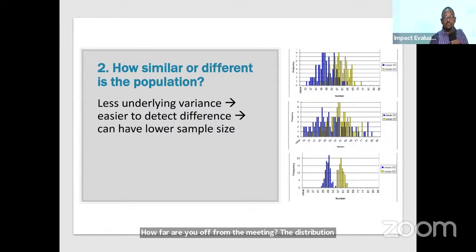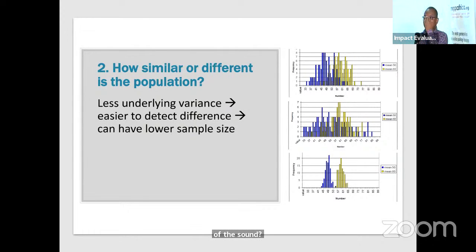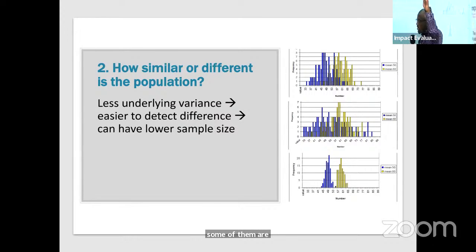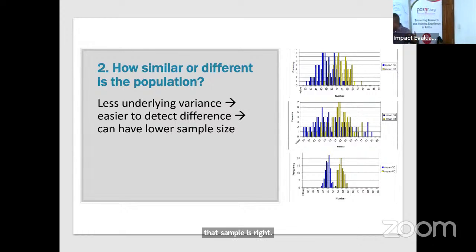So you have interviewed, you have targeted children. Some of them are in Roysambu, Thika Road, right? Some of them are in Kangemi. Some of them are in Kitengela. You see how spread that sample is? It's very spread.